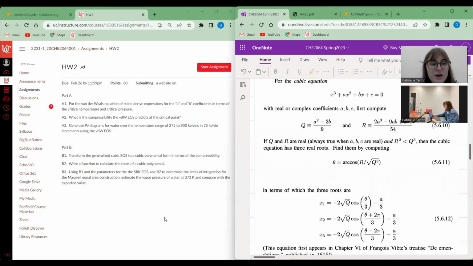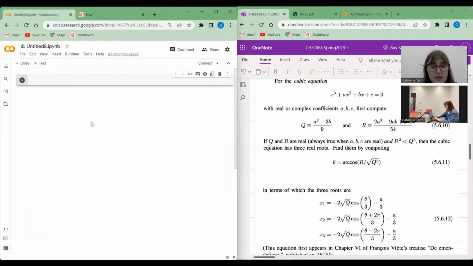Hi, I'm doing part B 2 and 3. So it says write a function to calculate the roots of a cubic polynomial. So the first thing we want to do is in our code, let's import numpy as np.